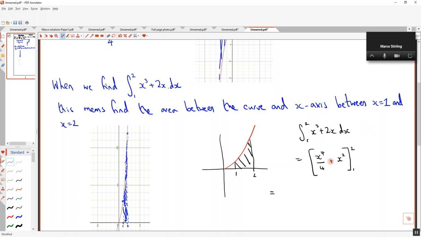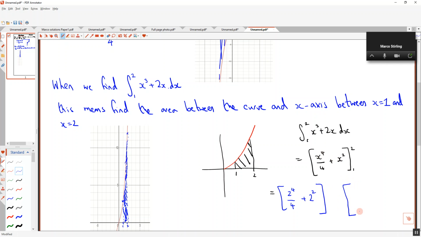So we've integrated, we've got our values. Now all we need to do is substitute our values in for x each time. We're going to have 2 to the power of 4 over 4 plus 2 squared. I've substituted the 2 in.